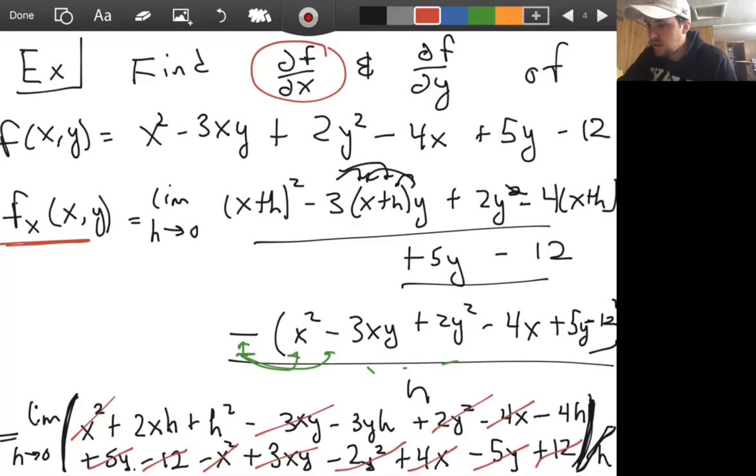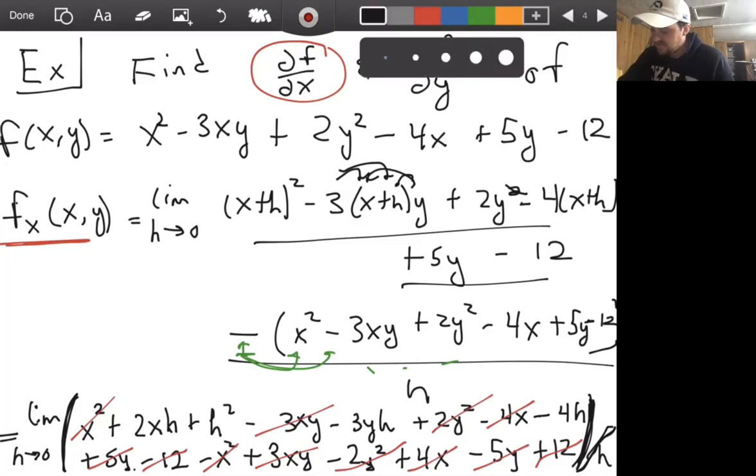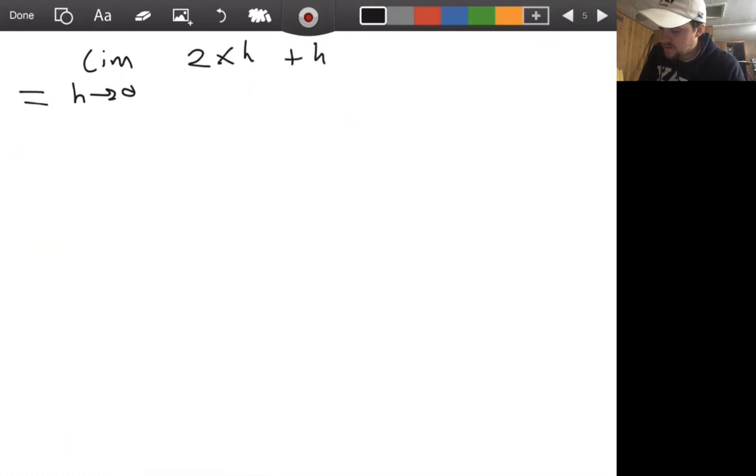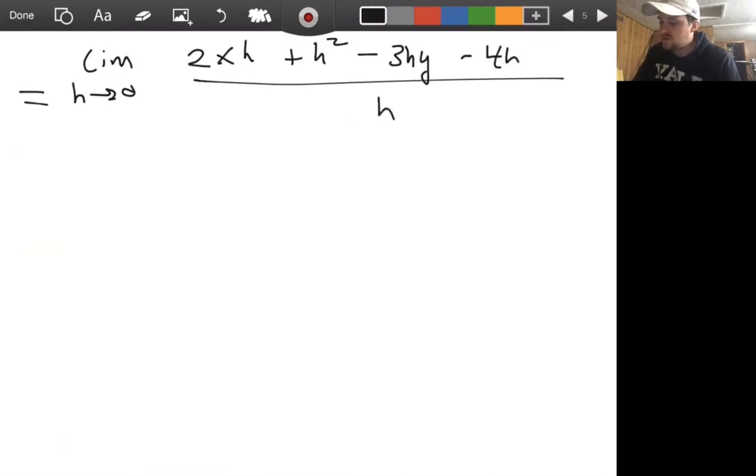And so let's simplify this. So all of that is equal to the limit as h approaches 0 of 2xh plus h squared minus 3hy minus 4h all over h. Well, now each term has an h in it, so we can simplify with the h in the denominator.